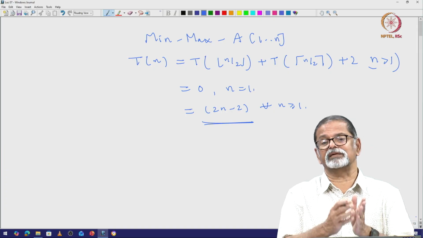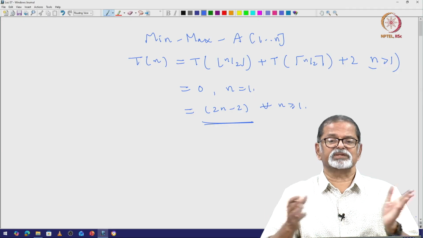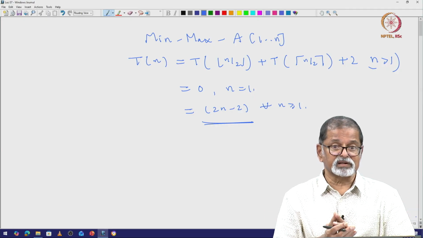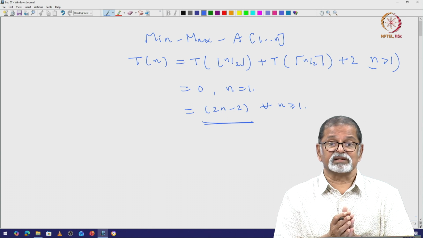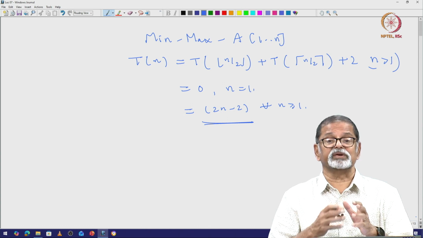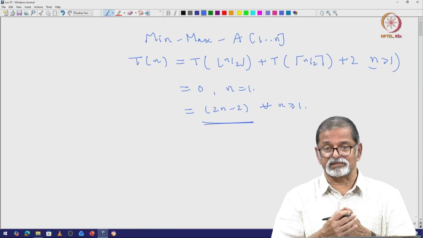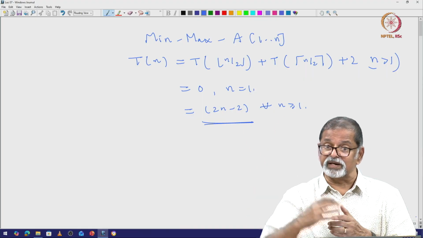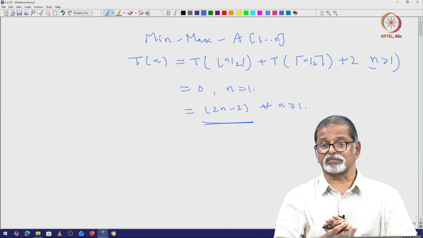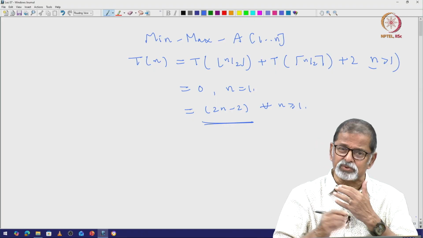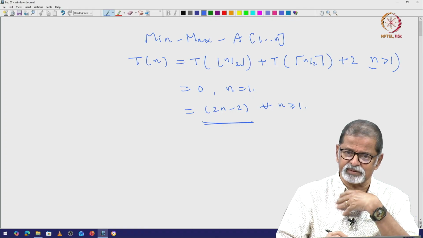You are comparing A and B again and again, which is not necessary, which means I can deal with the case when the problem size is 2 directly. Therefore, we will incorporate that as a base case. We will recurse only if n is greater than 2. So here is the pseudocode for that.